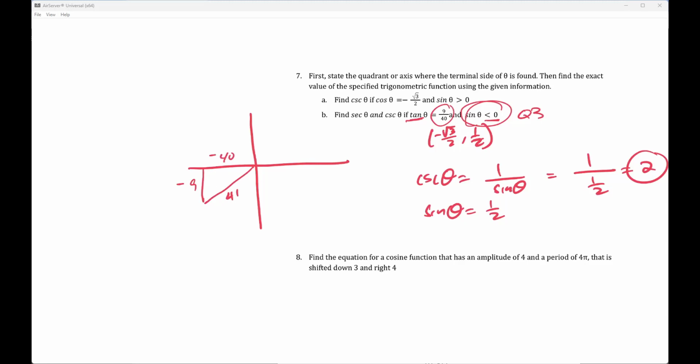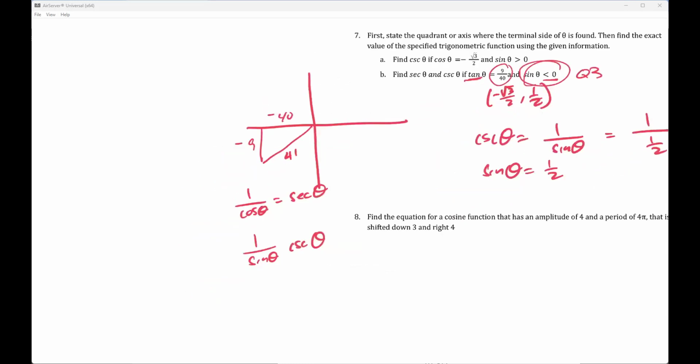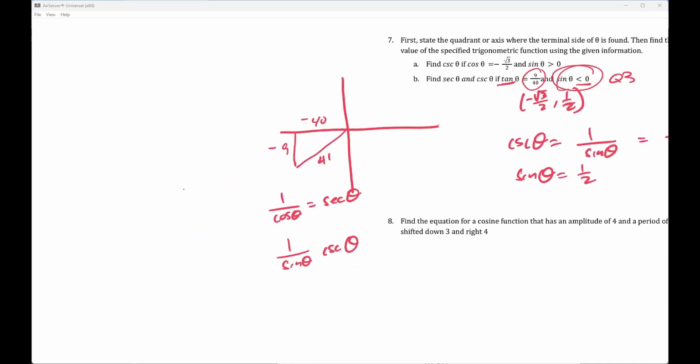So our secant is 1 over cosine, right? That's what secant is equal to. And the cosecant is 1 over sine. Okay, so cosine is what? Cosine theta is equal to negative 40 over 41. That means that secant theta is equal to negative 41 over 40.